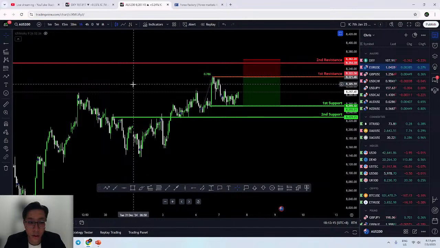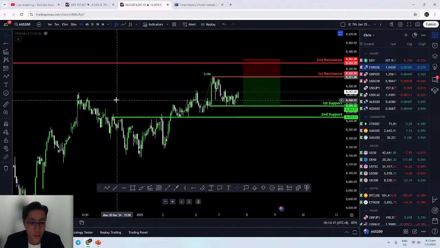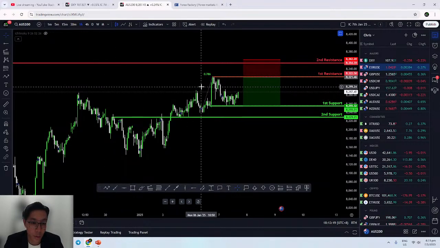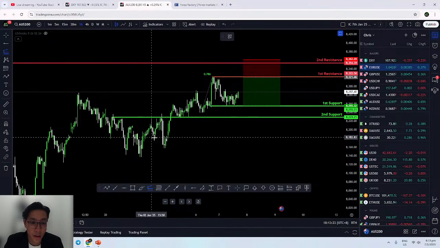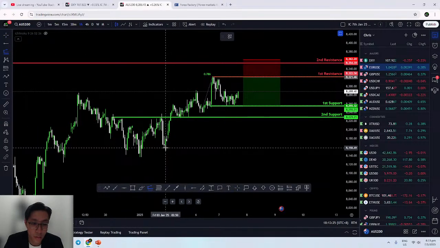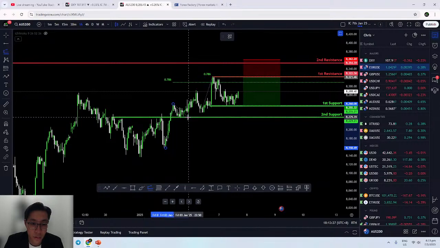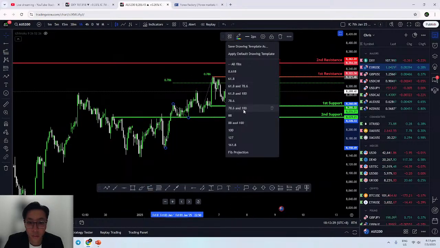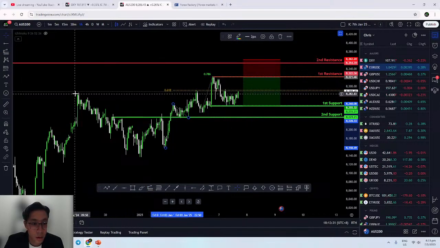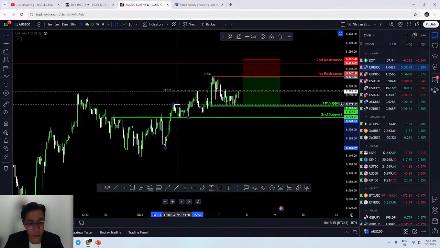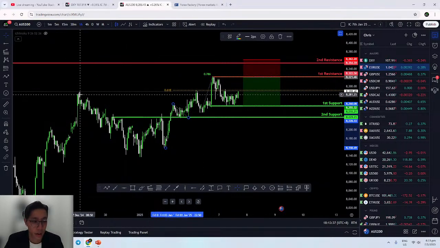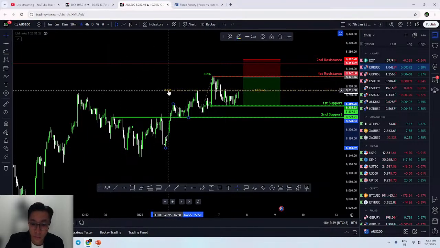I think it's okay. I don't really trade this pair, but I realize it tends to react quite a bit to extension levels and resistance levels together.